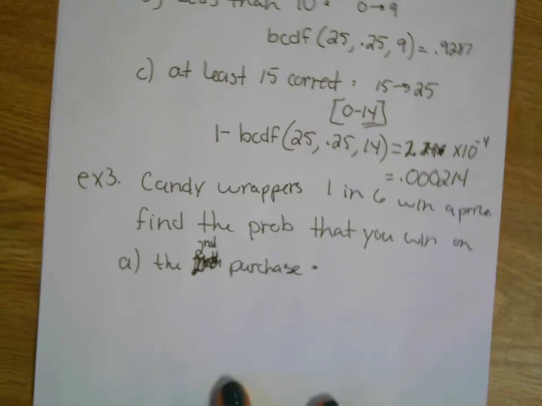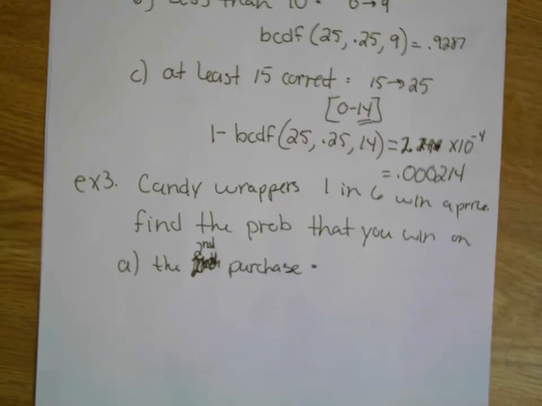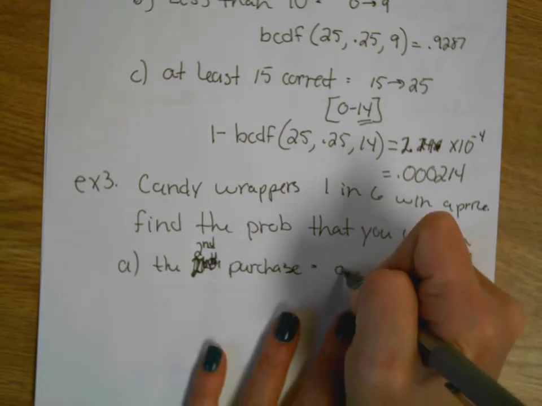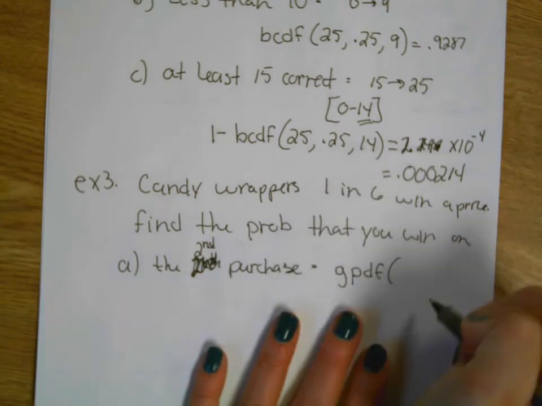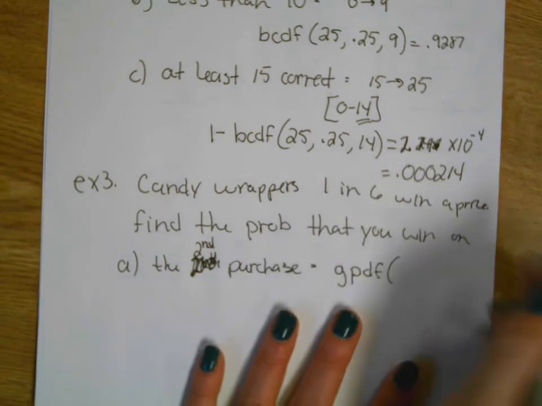So what's the probability you win on the second purchase? First of all, which distribution is it? Geo, because it's where that first success happens. That's what's telling you Geo. Do we want PDF or CDF on this one? PDF, because I only want that second purchase only. So geometpdf needs to be fed two values.